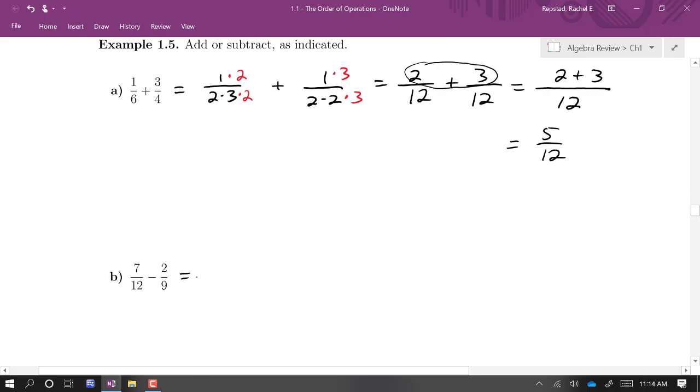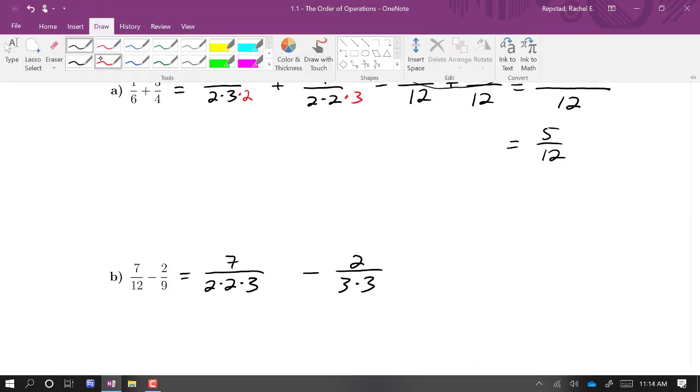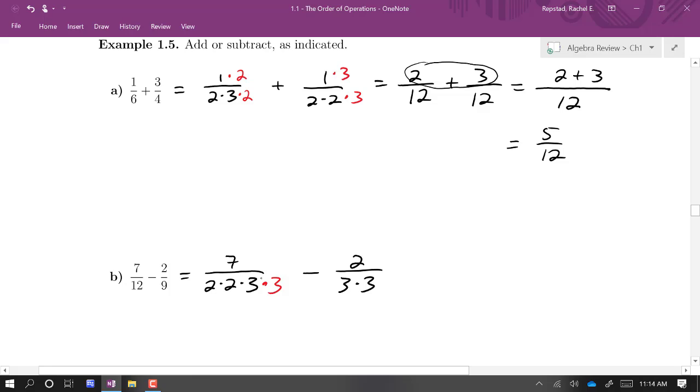Let's try another one. Again, we're going to start just by factoring the denominators. So 7 over 2 times 2 times 3, minus 2 over 9, and 9 is 3 times 3. The first fraction needs to pick up a factor of 3. I'll throw that in there. And then the second fraction needs to pick up both those factors of 2.